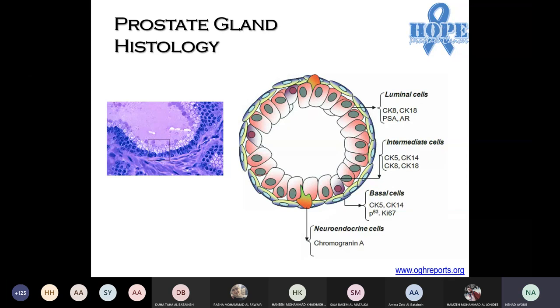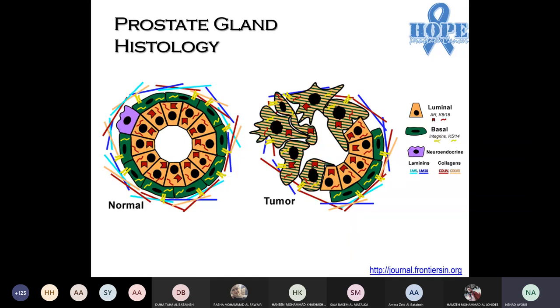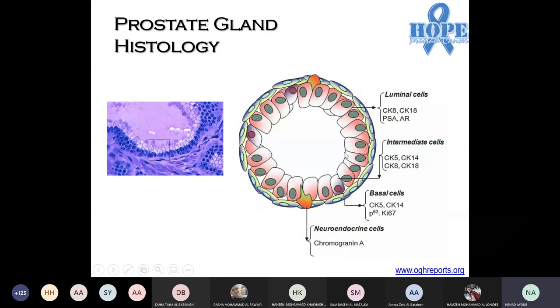So the gland starts to push. There will be pushing on the surrounding organs, so it will cause disturbances in the surrounding functions. And the cells themselves will acquire abnormal traits.